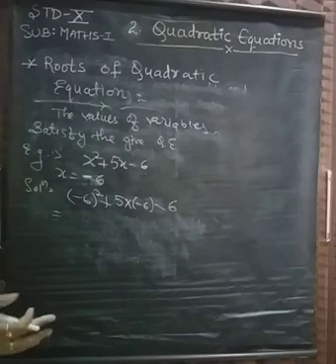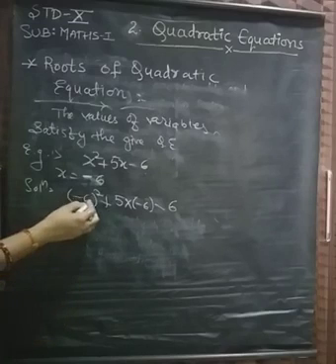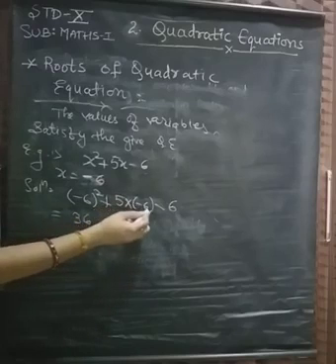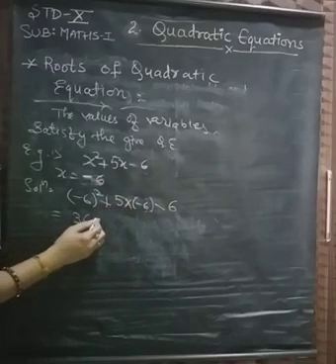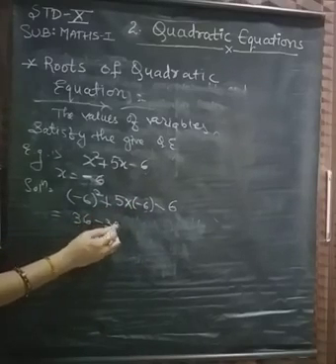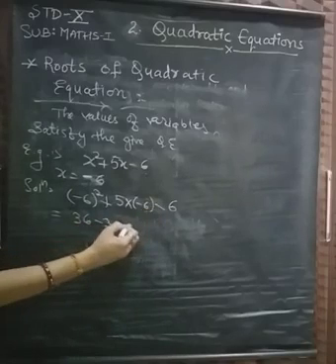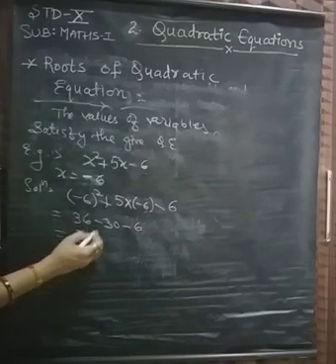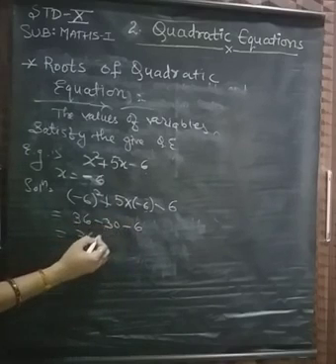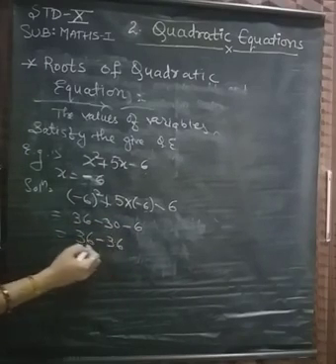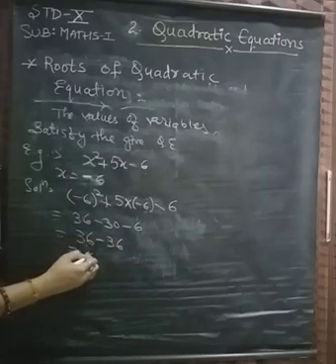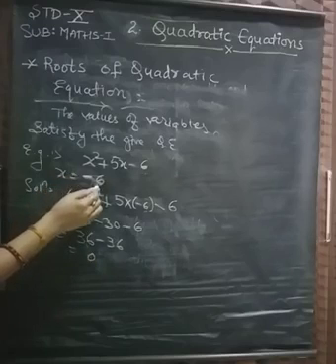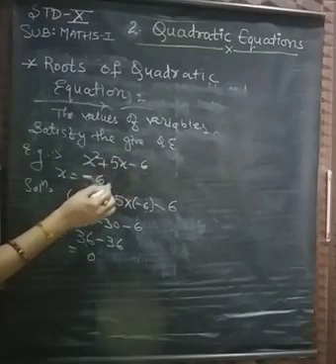The square of a negative number is always positive, so minus 6 square is 36. Then 5 sixes are 30, with the minus sign, so minus 30. And here minus 6. Clear? So you will get 36 minus 30 minus 6, which is 36 minus 36, equal to 0. It means x equals to minus 6 satisfies this quadratic equation.